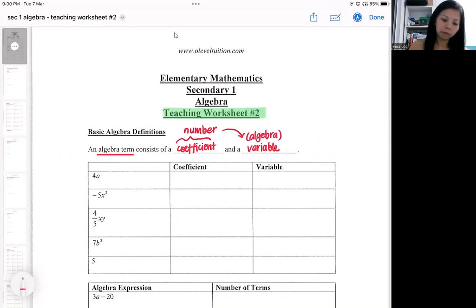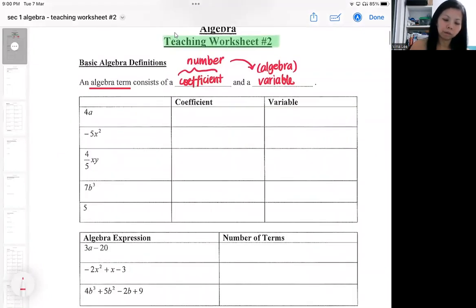Okay, so for example, if you look at this one, 4a. So it's an algebra term. So the coefficient will be 4, and then the variable will be a. So coefficient is just the number, variable is just the algebra.